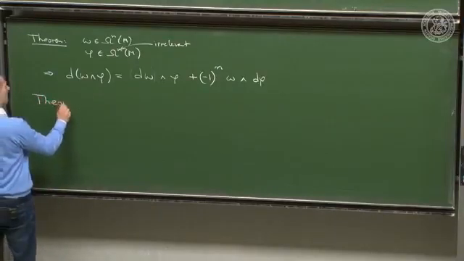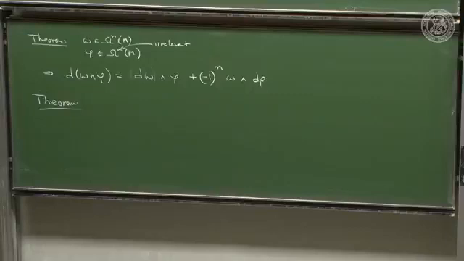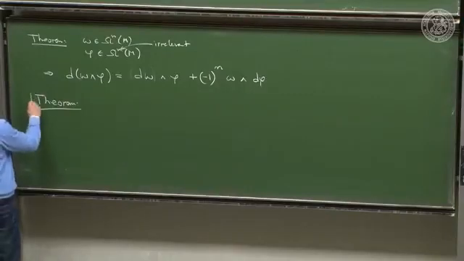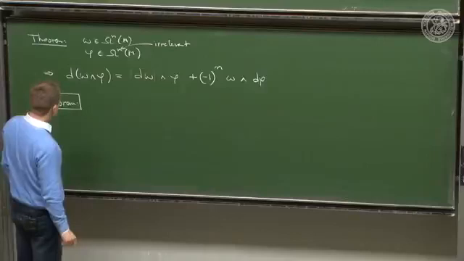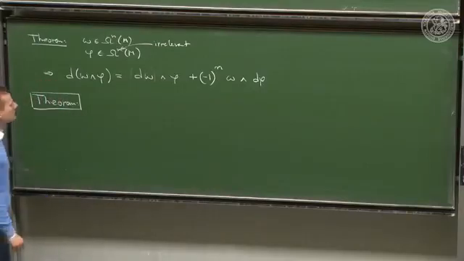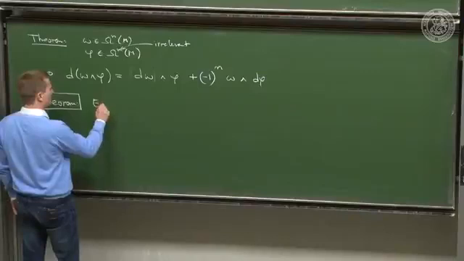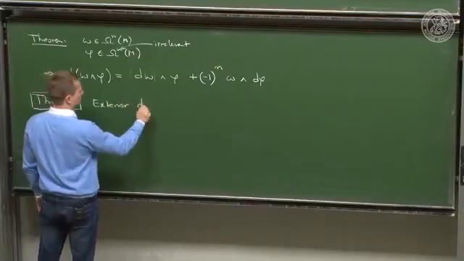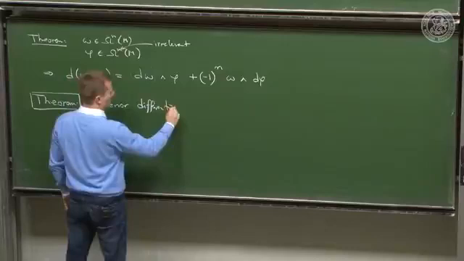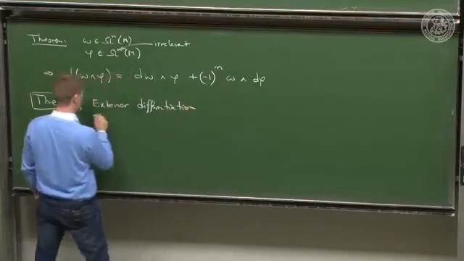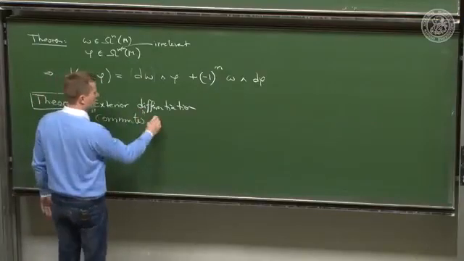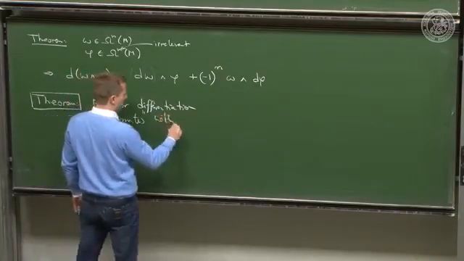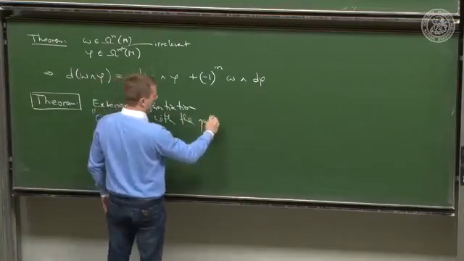And the other really wildly important theorem, so it deserves a box or something, because it comes as a gift, it comes in a box, is that the pullback commutes with the exterior differentiation. So exterior differentiation, well, I put this in quotation marks, commutes with the pullback.